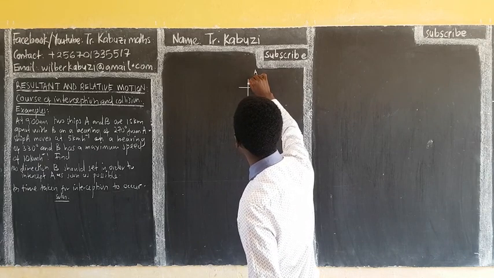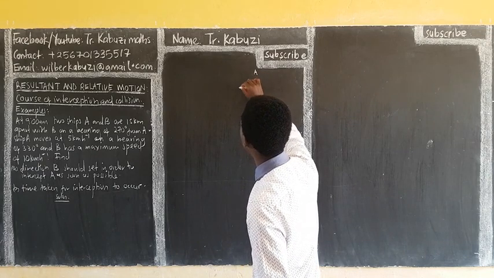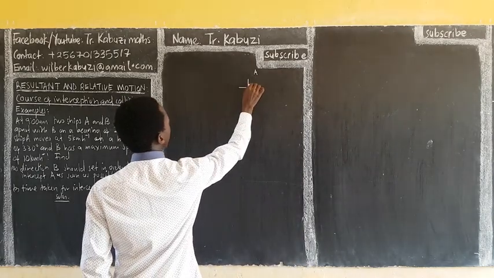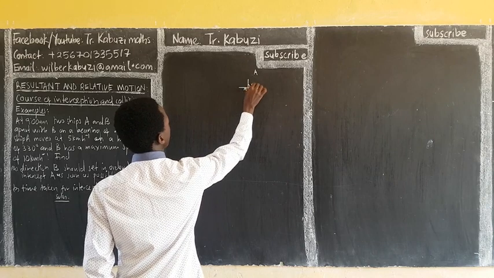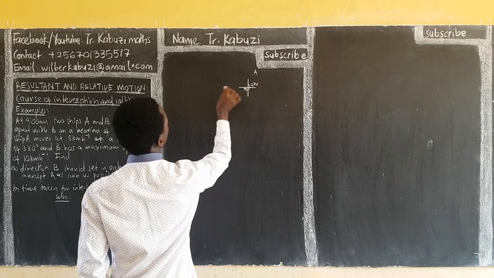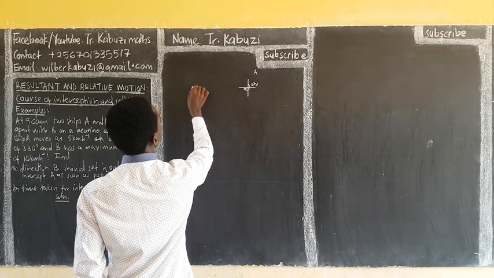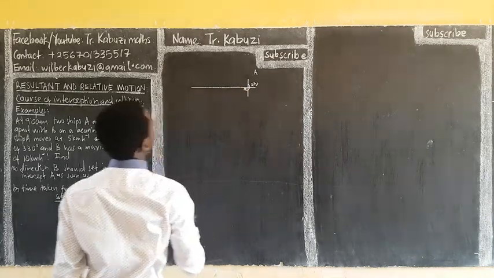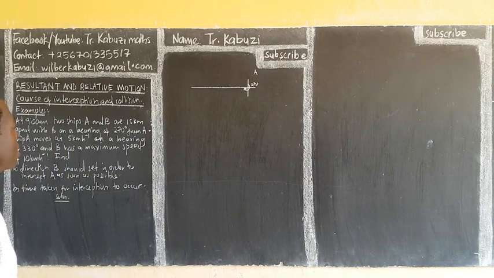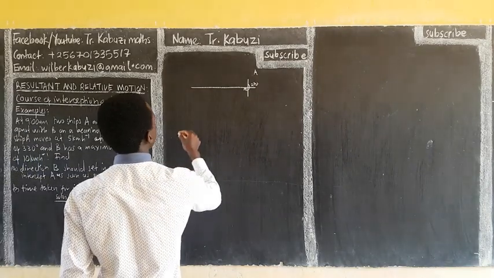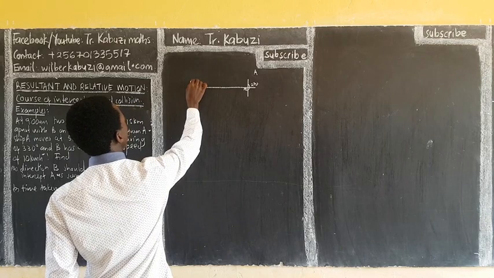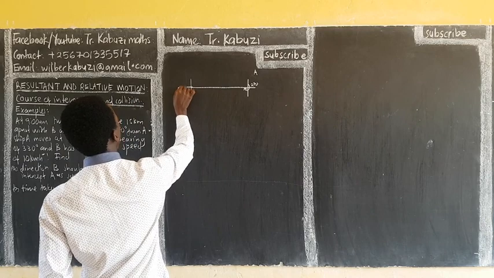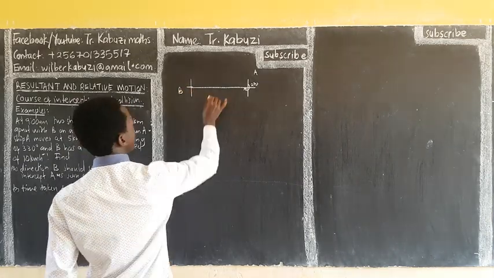This is the 270 from A, meaning this one from here to here is our 270 from A. So this side, like that. Then where I stop, I can put my B.